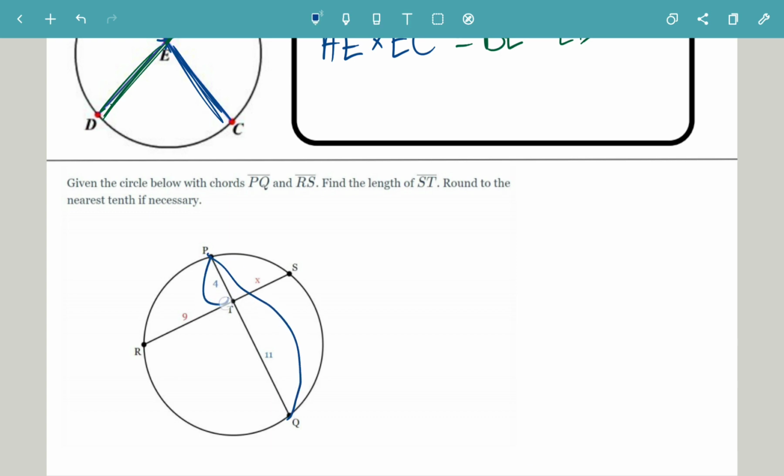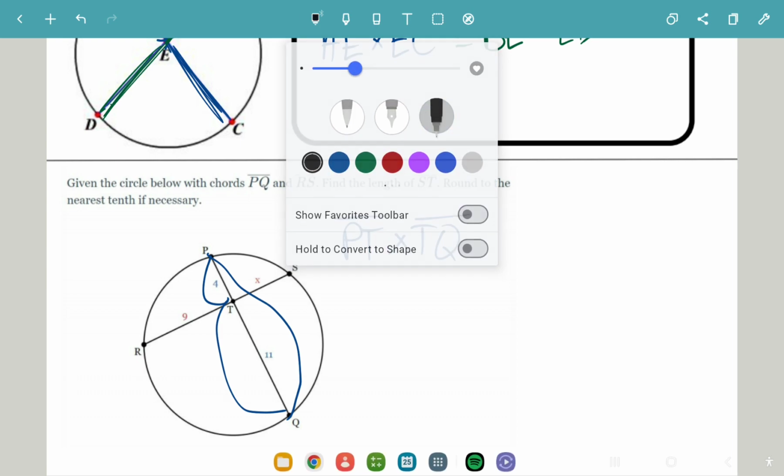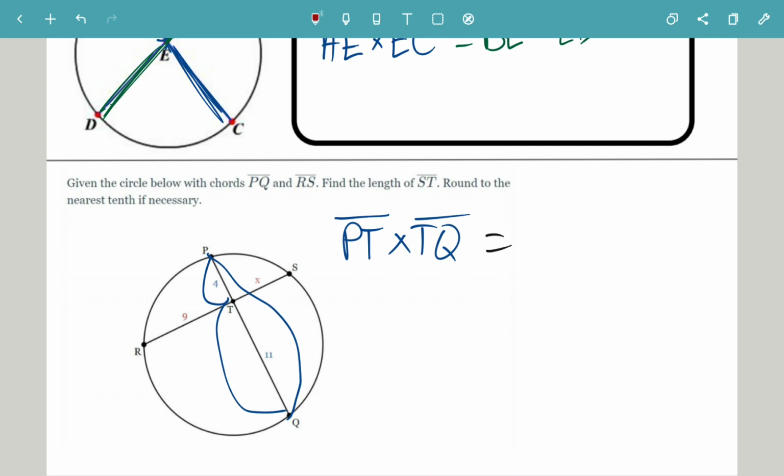The segments are PT and TQ. So we're going to multiply the segment PT with TQ and then set that equal to the segments of RS, which are split up into RT and TS.